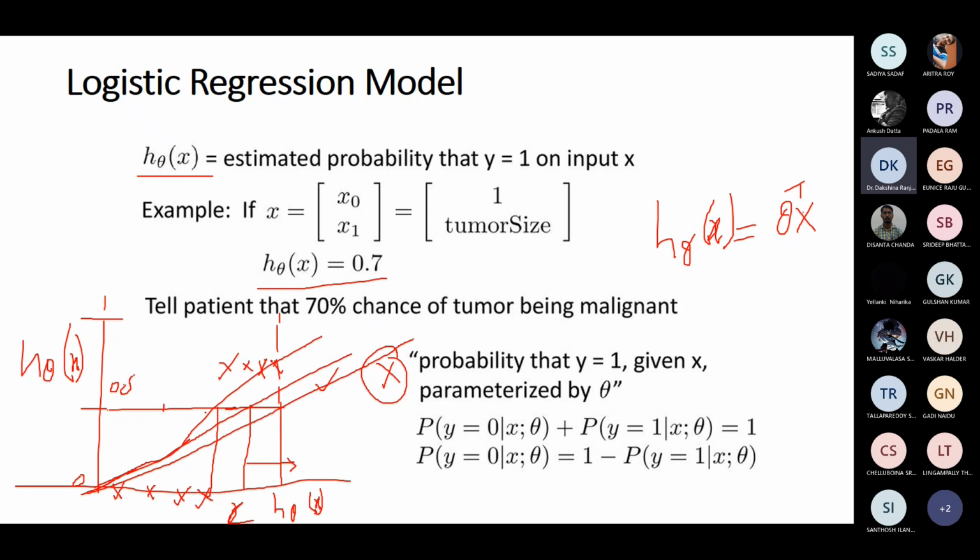Now here we can see that previously only 2 points were found to be malignant.